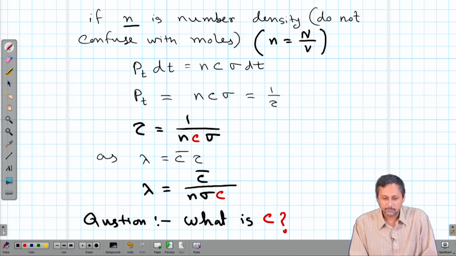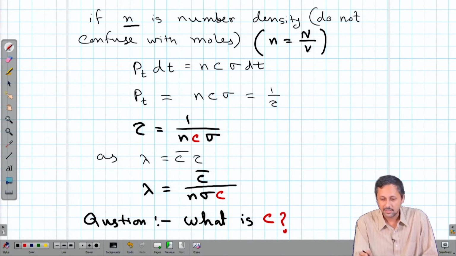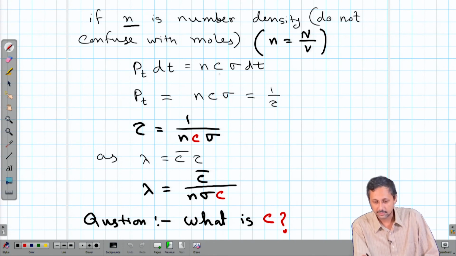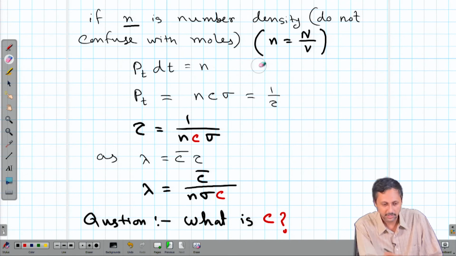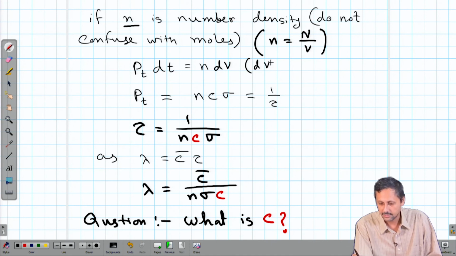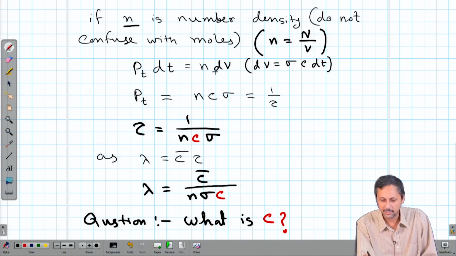So, the probability of having a collision in the time interval dt is equal to n c sigma dt. Why n c sigma? Actually I should change the order of this. I would just write dV here, and dV is equal to sigma c dt, and n being the number density.